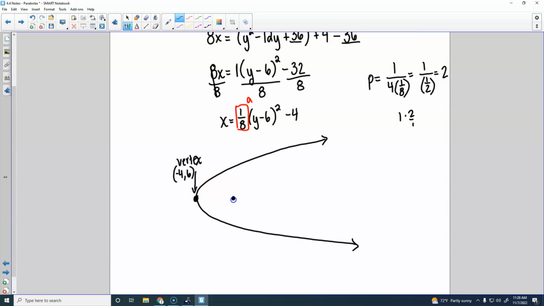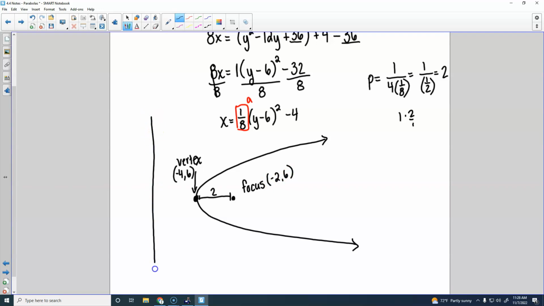So our focus here is going to be 2 to the right. So if I've got -4, 6, the focus is going to be at -2, 6. We'll add 2 to the x-coordinate.